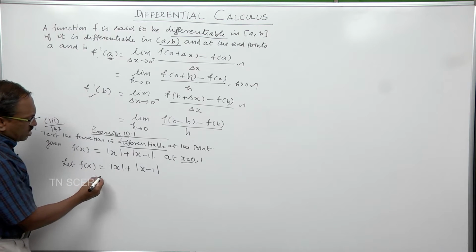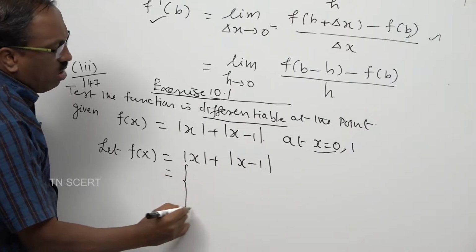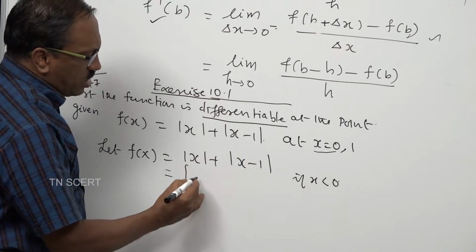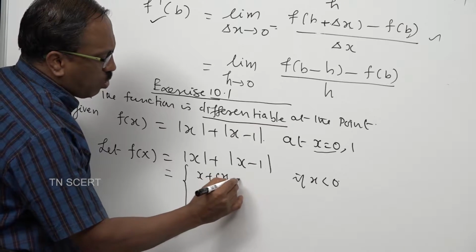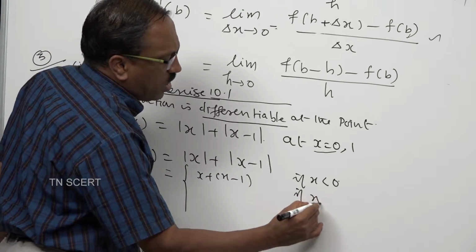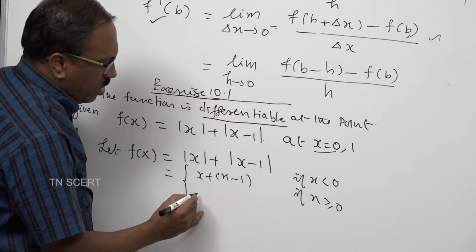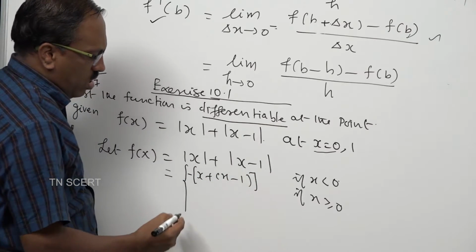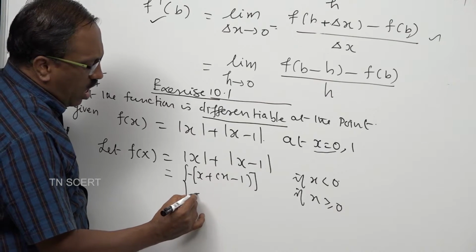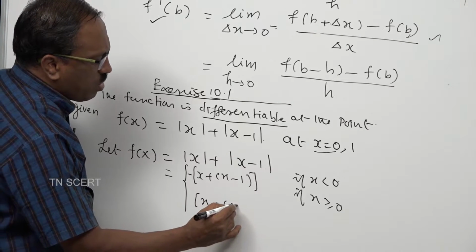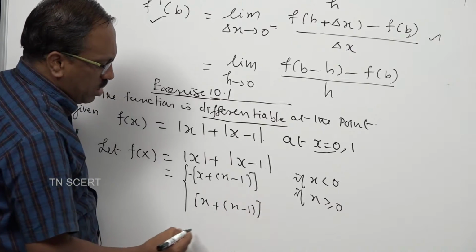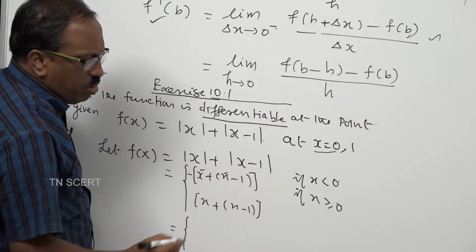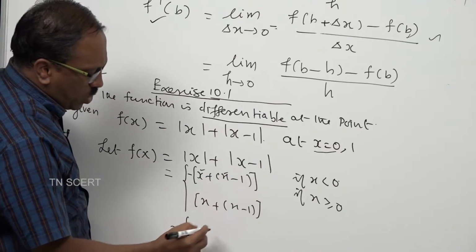First of all, let us define the function. For x less than 0, it is minus x plus, minus bracket x minus 1. If x is greater than or equal to 0, it is x plus x minus 1. That means here 1 minus 2x, and here x plus x, that is 2x minus 1.